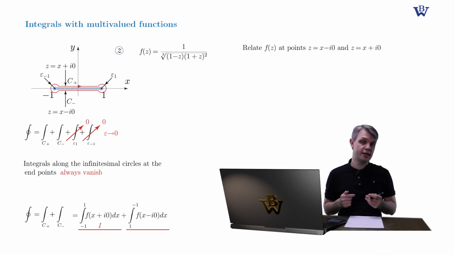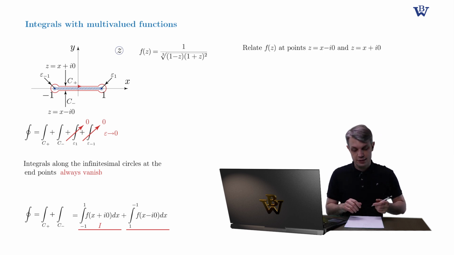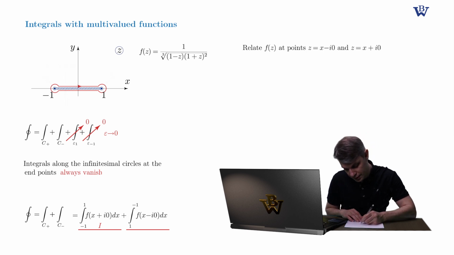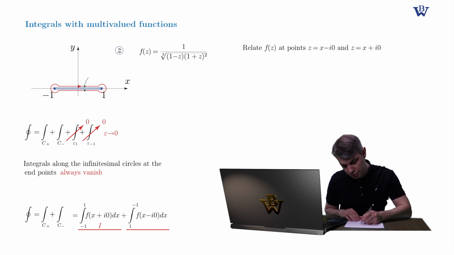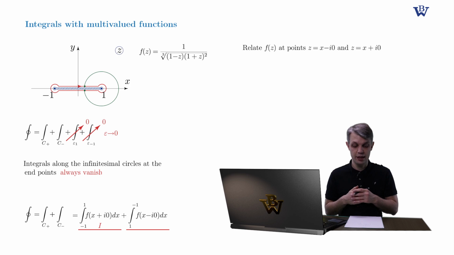We did a similar exercise at least once last week, so now you can appreciate the effort and time spent on it. So what we do is we take 2 points, x plus I0 and x minus I0, and connect them by some contour. For example, a circle to the right of our branch cut. And next, we trace the changes of the arguments of the constituents of our f of z function.